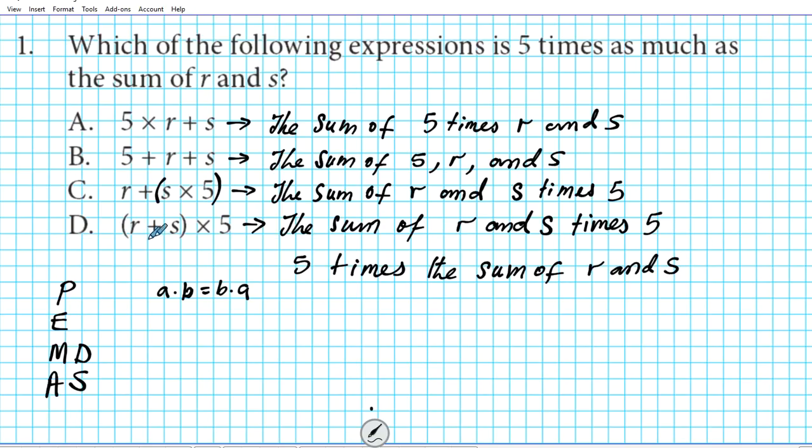Now, if you take a look at the 4 options we came up with, the one that involves taking 5 and multiplying it by the sum of r and s, the correct option is clearly option D, because we have 5 times the sum of r and s, which is the same thing as the sum of r and s multiplied by 5, as option D provides. Okay, so the answer to question 1 is option letter B.